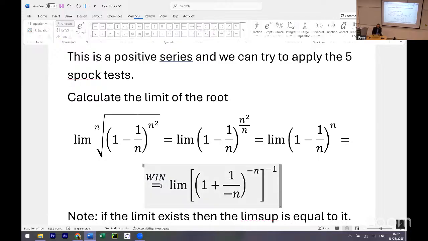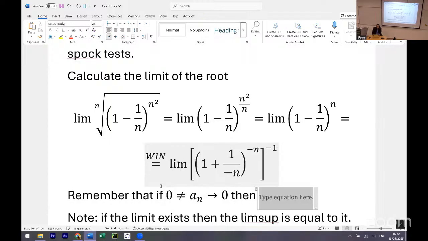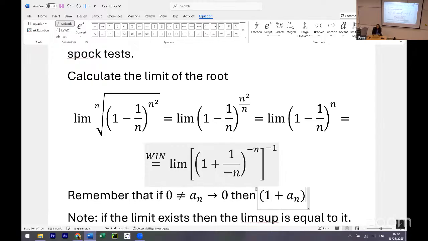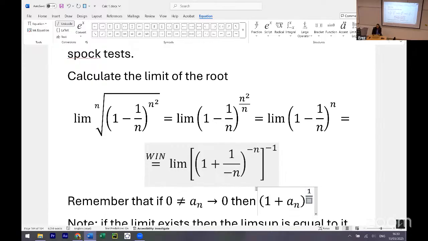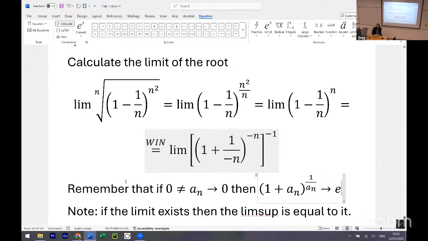And remember that if a_n is different than 0, yet tends to 0, then (1 plus a_n) to the power of 1 over a_n is E. That's the theorem we did mention.